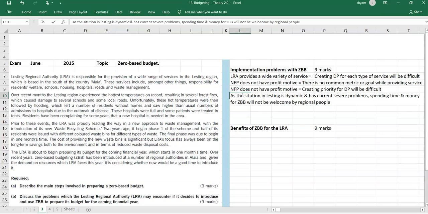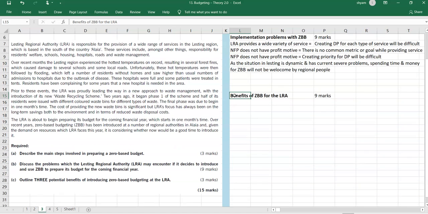This can be a problem because people will not accept the spending for ZBB. ZBB is time consuming and cost consuming, so the people will not accept this kind of logic, that ZBB has to be implemented because there are already several problems. ZBB will only complicate the administration and the time allocation here. So it would not be viable to provide this ZBB as of now.